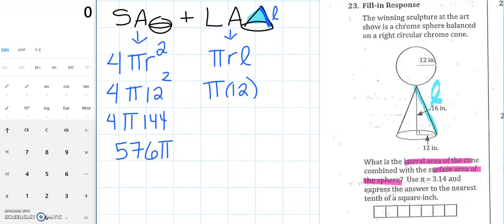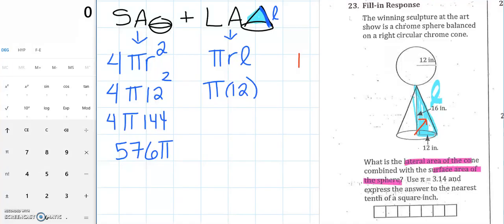But luckily, we can do some Pythagorean theorem work here, and we could solve for L. So with this right triangle on the inside, I have L, which is the hypotenuse of this right triangle. That's going to be my c value in a squared plus b squared equals c squared.